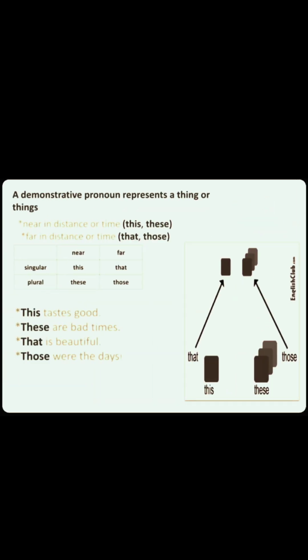A demonstrative pronoun represents a thing or things, near in distance or time, or far in distance or time. If near in distance, we use this and these, and if far in distance or time, we use that and those. Like: this tastes good, these are bad times, that is beautiful, those were the days.